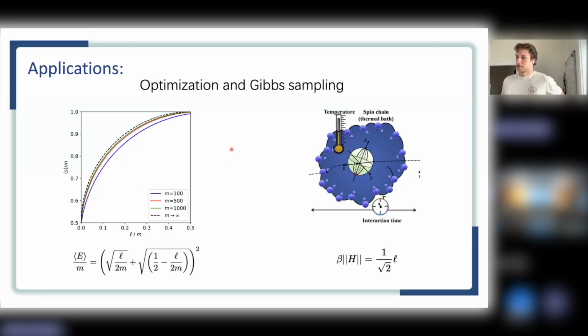And the second question is, okay, let's say you want to prepare Gibbs states. And here we prove this theorem I alluded to, which is if you want an exponentially small error at temperature beta, then you need to choose L scaling linearly with beta. Okay, so now, these are just some steps you have to do first to understand how the algorithm works.